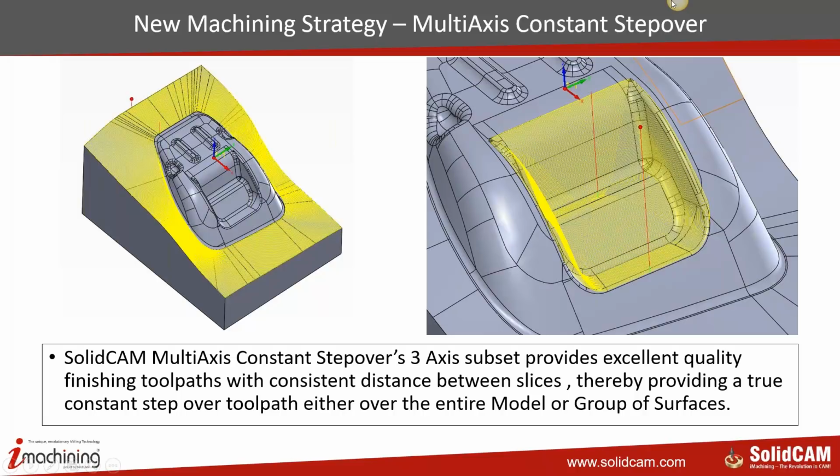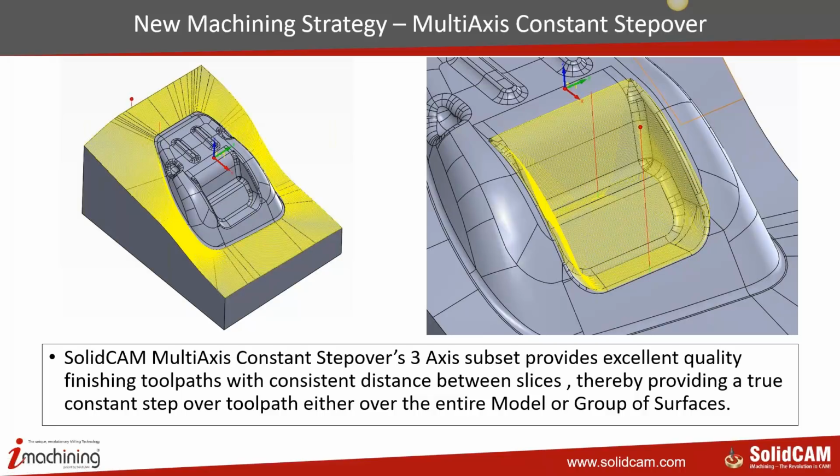On the left-hand side, I have machined the entire part just using 2 curves, and this is machined on mesh data and not surface data. I just used the external curve and the internal curve, and I said generate constant Stepover toolpath, and it did excellent machining on the entire surface without even lifting once.